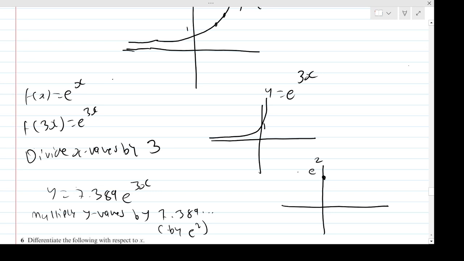If I were to sketch it, it would look really steep. So it would look something like this. Okay, and that would be y is technically e squared e to the 3x, or we could say 7.389 roughly as a decimal e to the 3x, whatever helps you visualize that, okay? But that is that graph there.